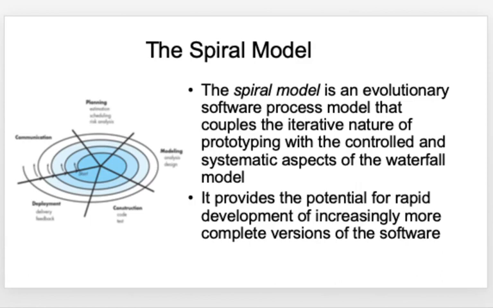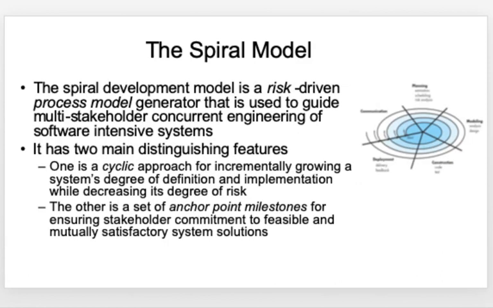This spiral model facilitates rapid development of more complete versions of the software. The spiral model gains importance because it is a risk-driven process model generator, and it has two key features.